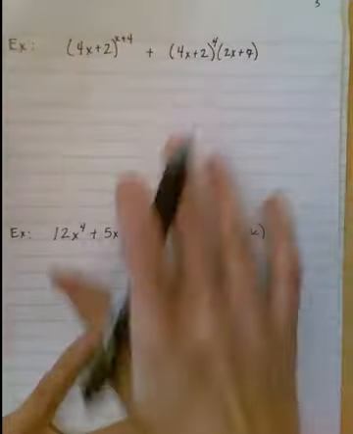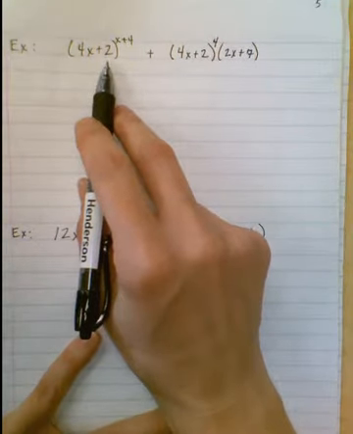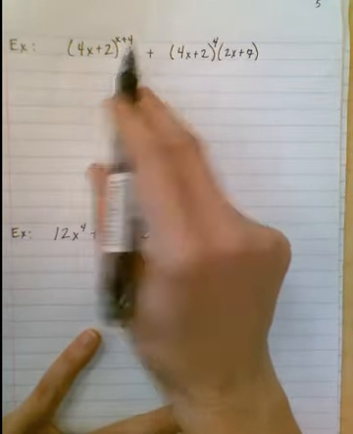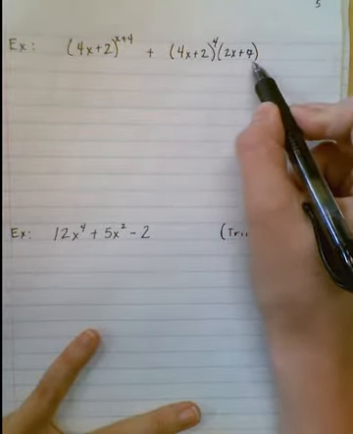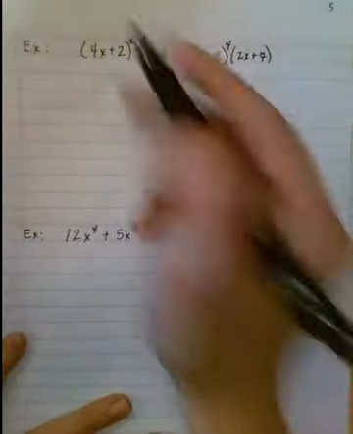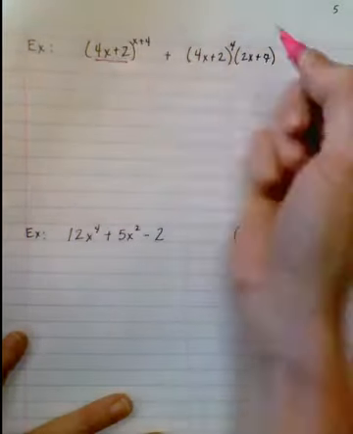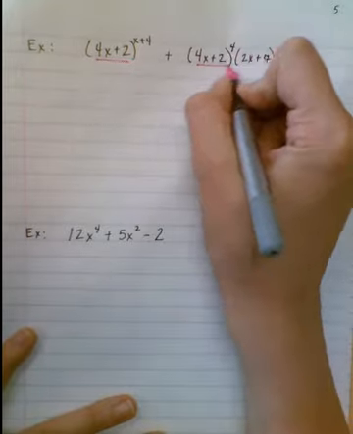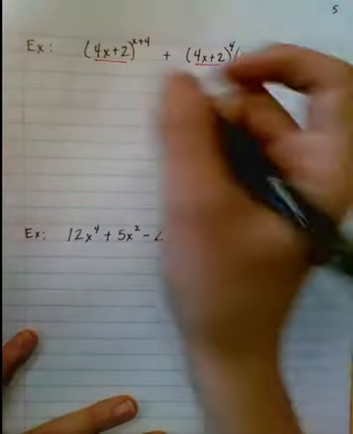All right, okay, let's look at some tricky problems here. I have 4x plus 2 to the x plus 4, 4x plus 2 to the 4th, and 2x plus 7. Well, when I look at this, one of the things you might notice is that you have a 4x plus 2 in each of your terms here.